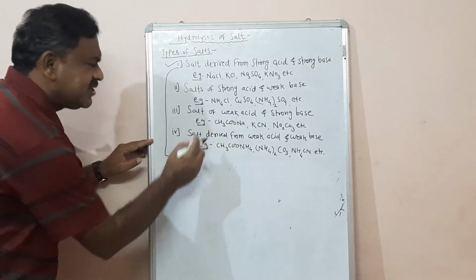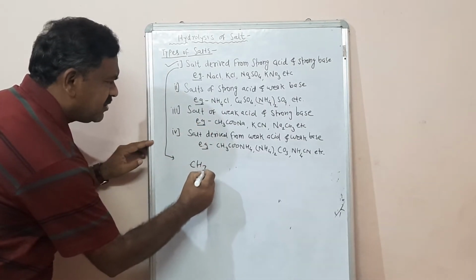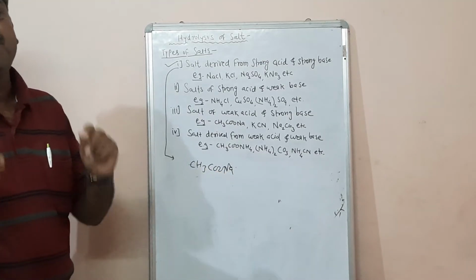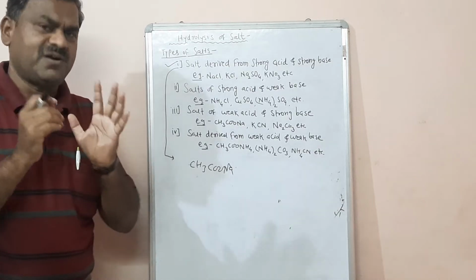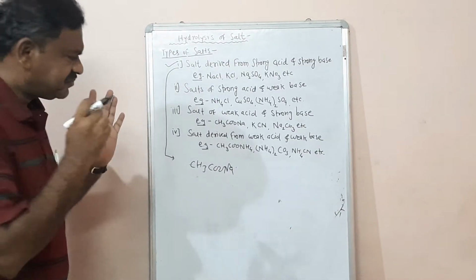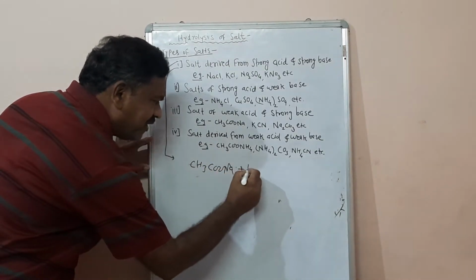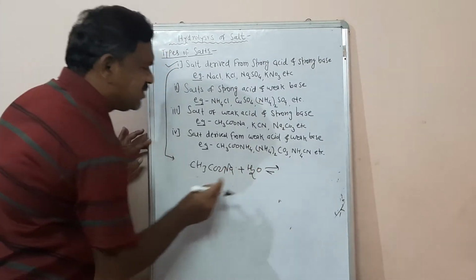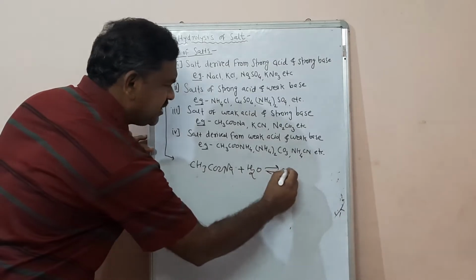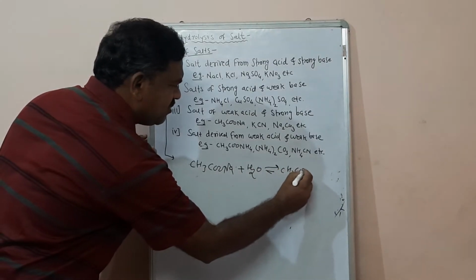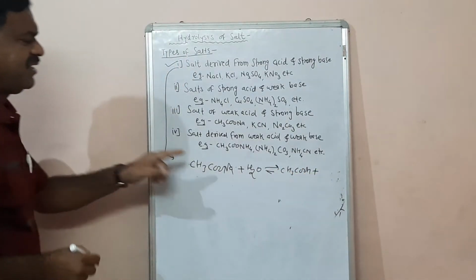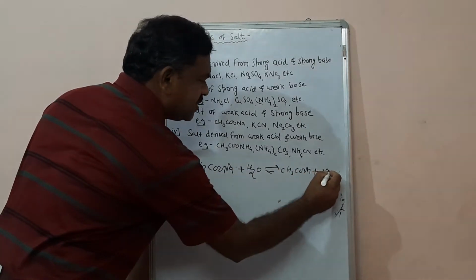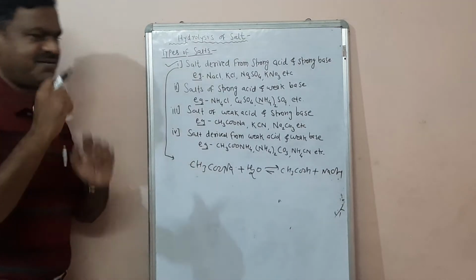Take CH3COONa, sodium acetate, a salt which combines with H2O and gives acetic acid, CH3COOH, plus sodium hydroxide, NaOH.